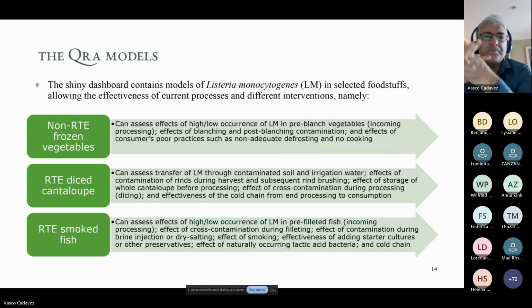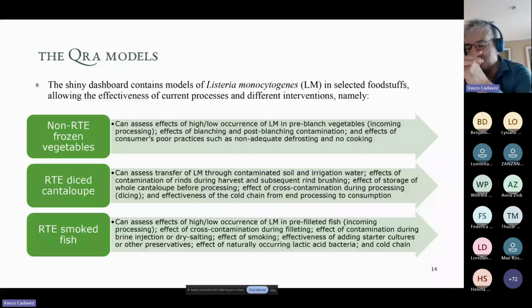So a small explanation of the models that are implemented in these tools. For non-RTE frozen vegetables, you can assess the effects of high, low occurrence of Listeria monocytogenes in pre-blanch vegetables, incoming during the processing, effects of blanching and post-blanching contamination, and effects of consumers' food practices, such as no adequate defrosting or no cooking.